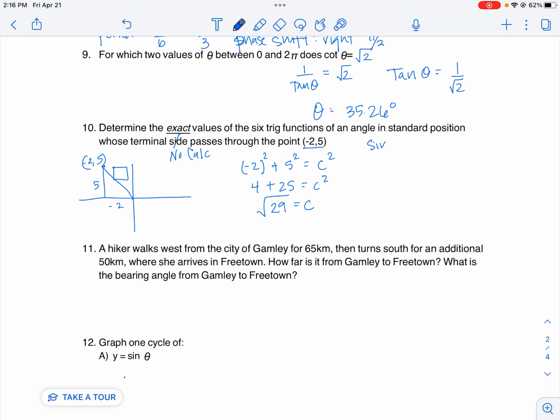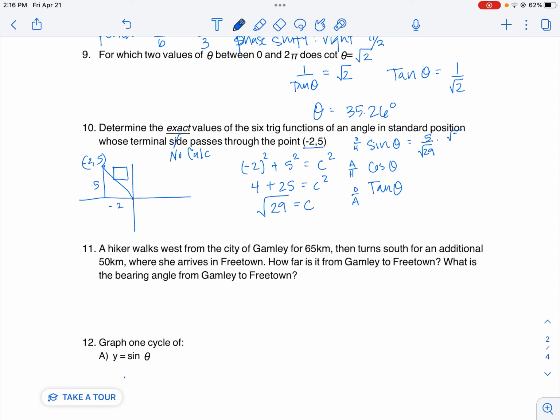So here I go now with my sine, cosine, and tangent values. Remember that sine is opposite over hypotenuse, cosine is adjacent over hypotenuse, and tangent is opposite over adjacent. The sine of theta then is going to be the opposite, which is 5 over the square root of 29.